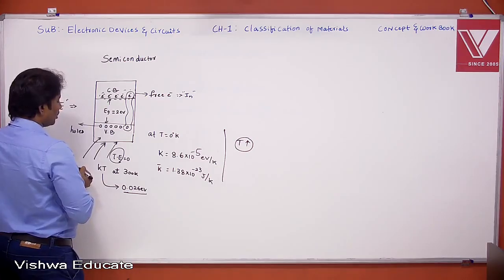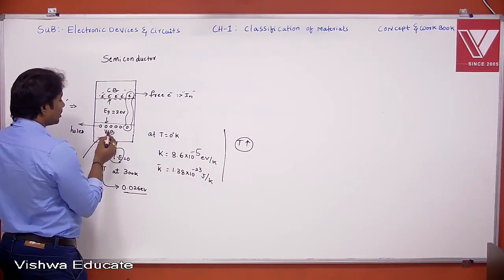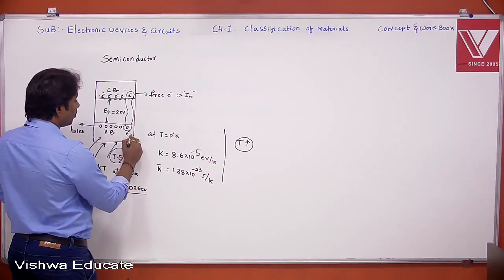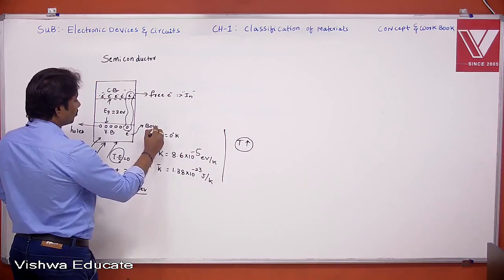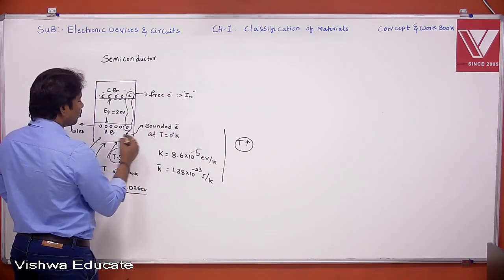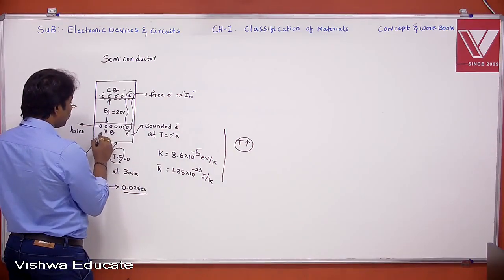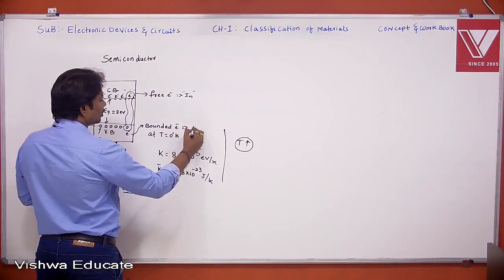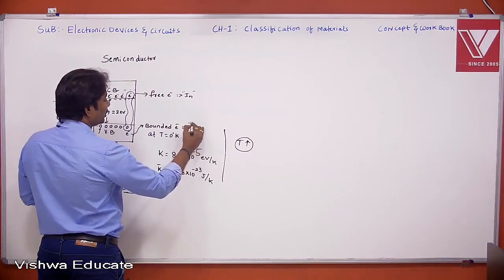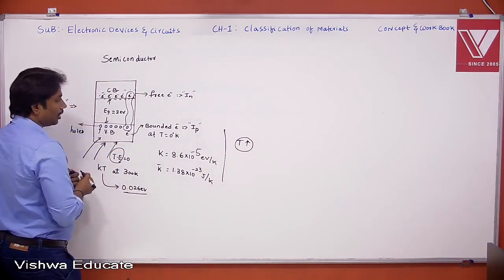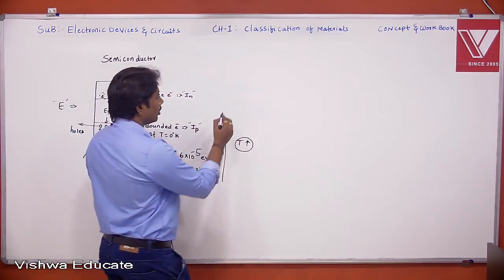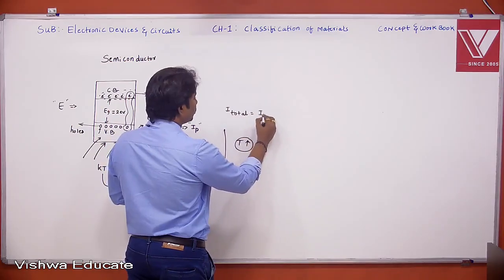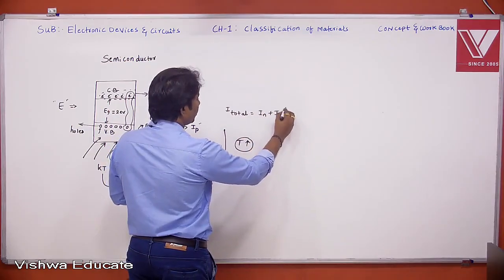Similarly, the electrons present in the valency band, that is the bounded electrons, can move and produce a current. That current is called the hole current, denoted by IP. That means in a semiconductor, the total current is I total equal to IN plus IP.